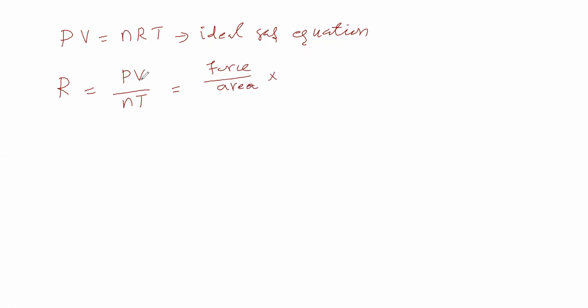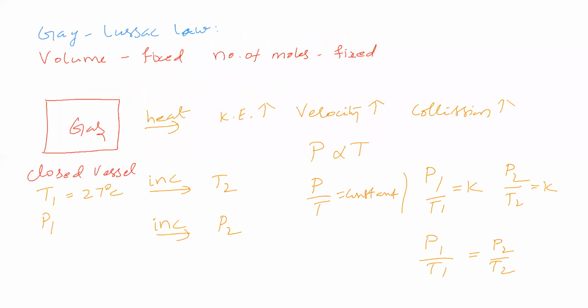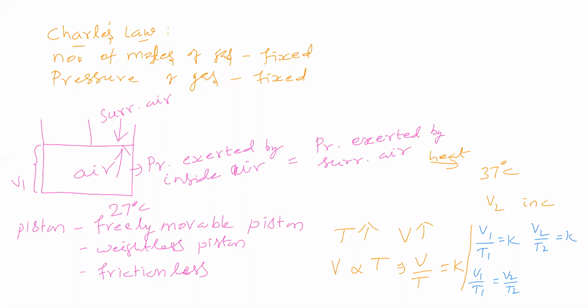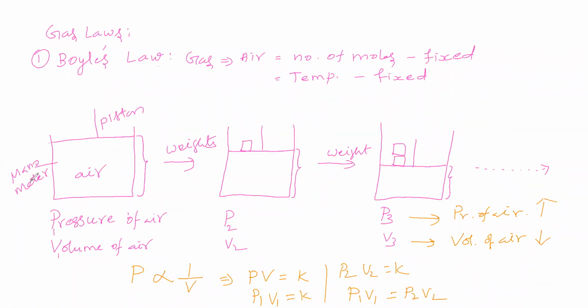Then this volume is there. What is volume called? In place of volume, what shall we write? That we will see. Now you see here, initially the piston is at this place. You place a weight, and the piston comes to this place, correct? So what has happened to the volume?